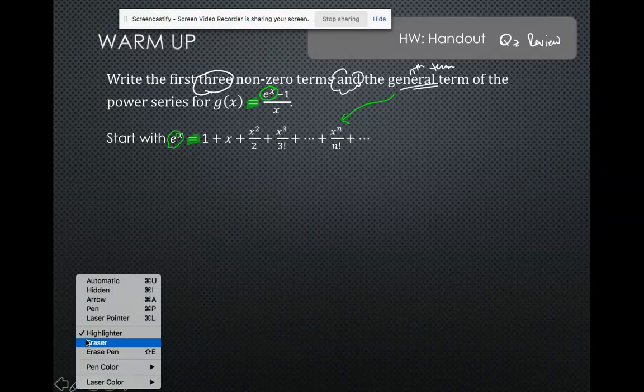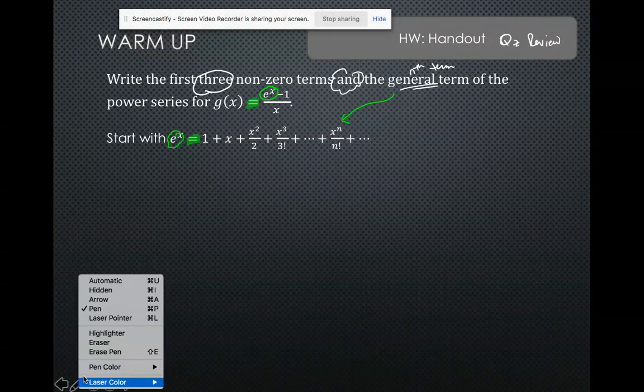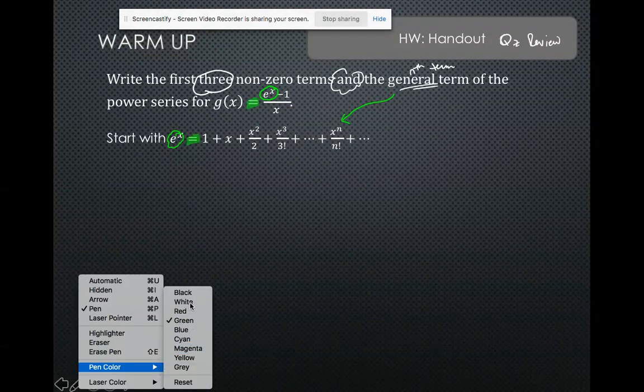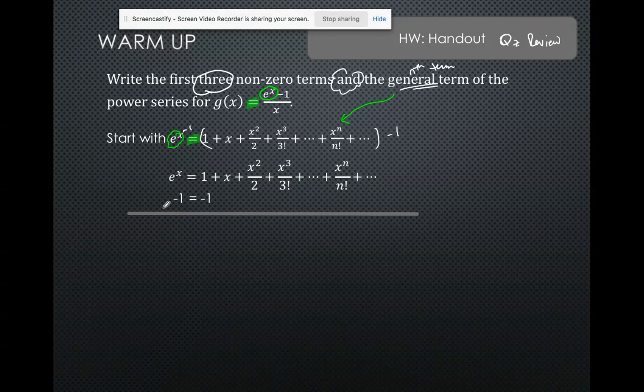So look at my line here. I have an equal sign. Aren't I allowed to subtract 1 from both sides? That's legal, isn't it? So I took e to the x and I subtracted 1. I took this infinite polynomial and I subtracted 1.